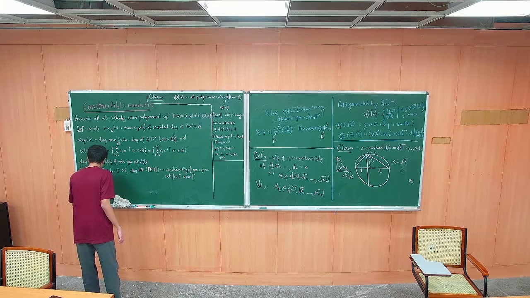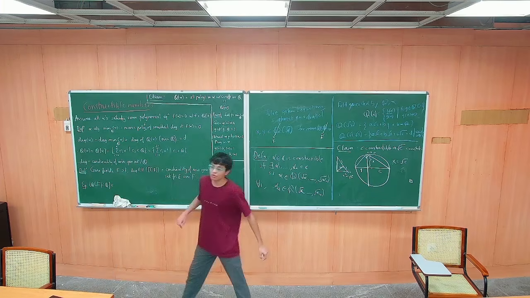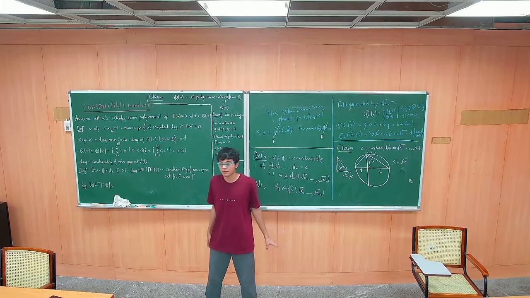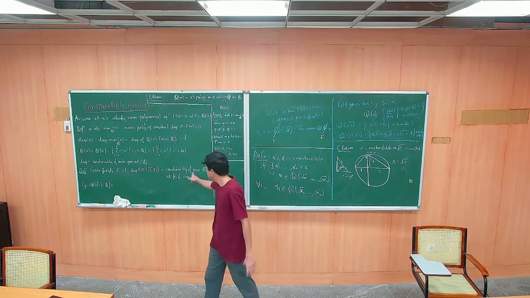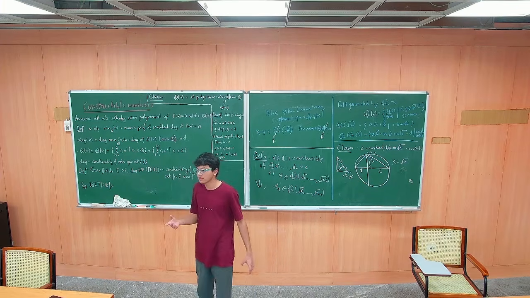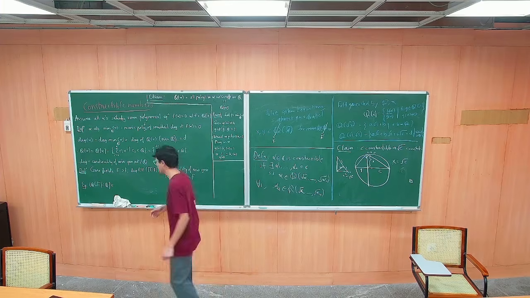What is the degree of Q(root 2) over Q? One possible generating set is 1 comma root 2.